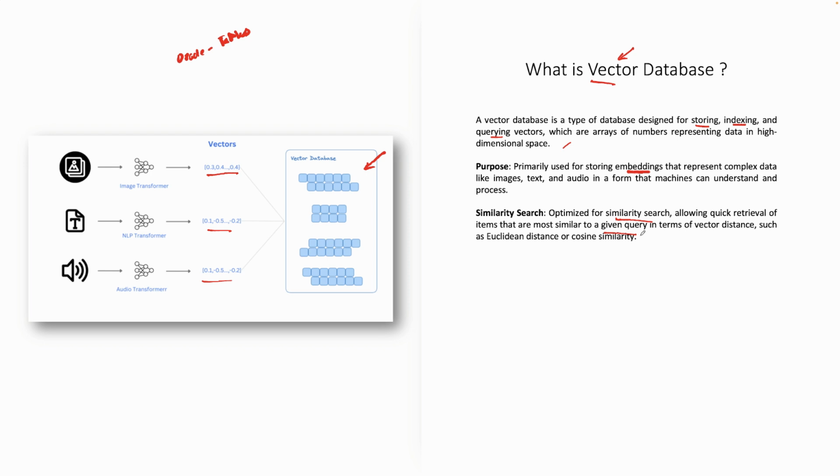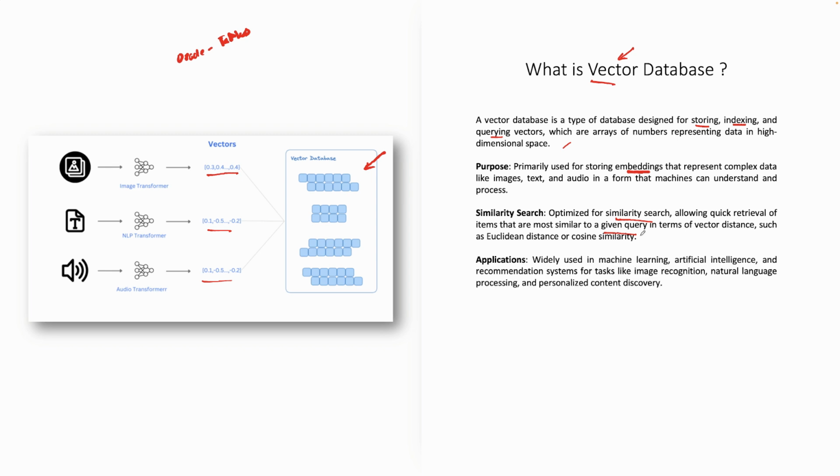And there are several options available, where you could use the Euclidean distance or the cosine similarity. So there are different ways in which you can do similarity searches. It is just looking at where the vector actually sits in your 2D space.